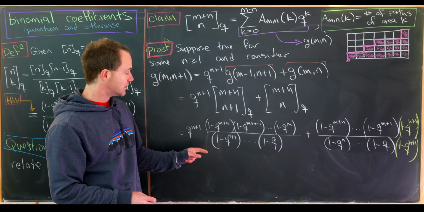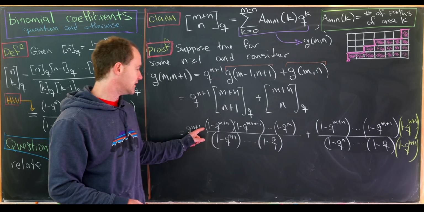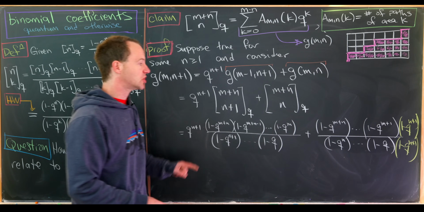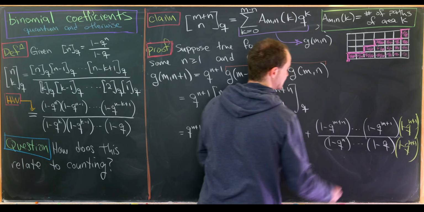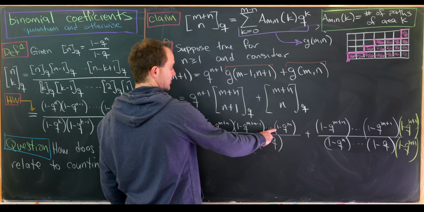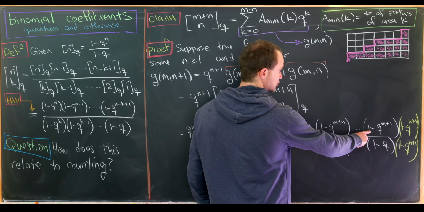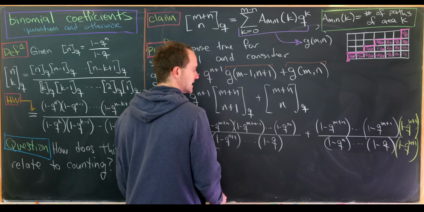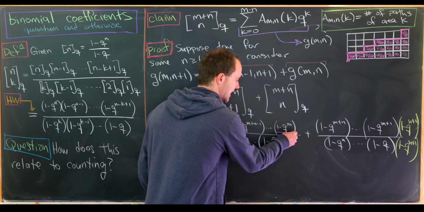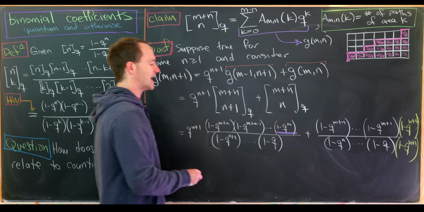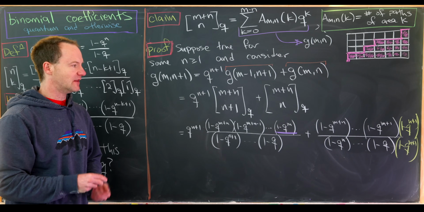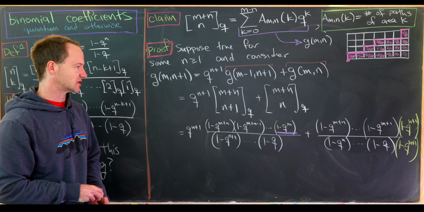So let's also notice that this descending product in the numerator of the first term goes a bit further than it does in the second term. This first term stops at 1 minus q to the m, whereas this one stops short by 1 at 1 minus q to the m plus 1. So I'll underline in this one in purple to show that it is extra. And that's going to be where all of the cancellation comes from.